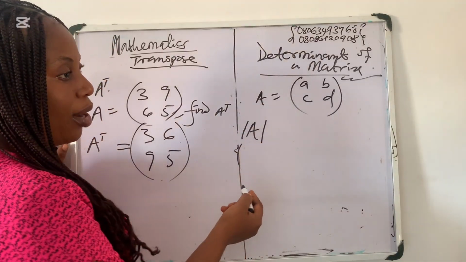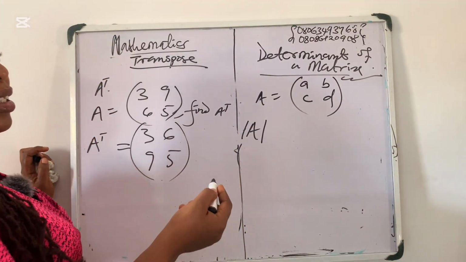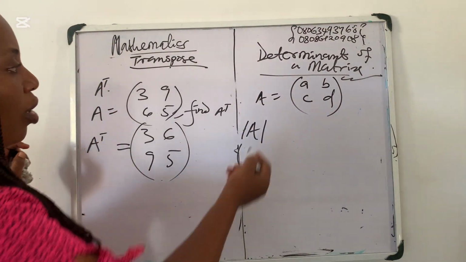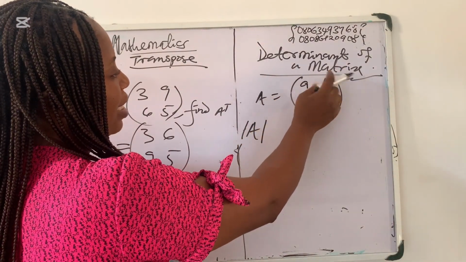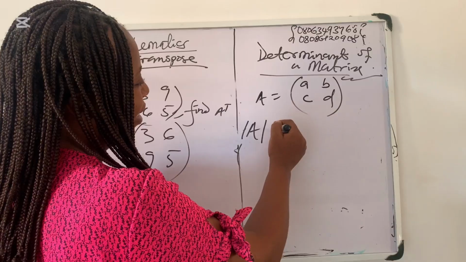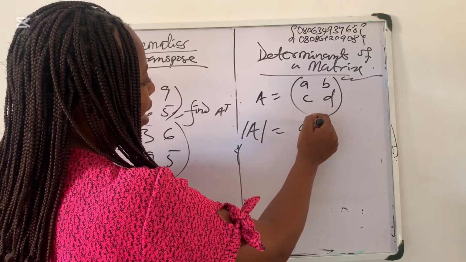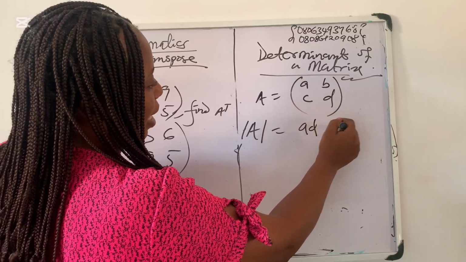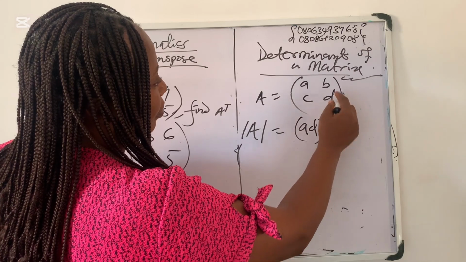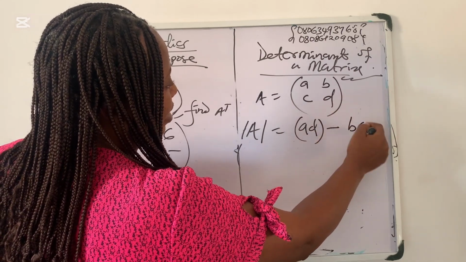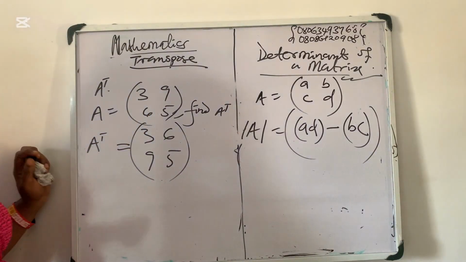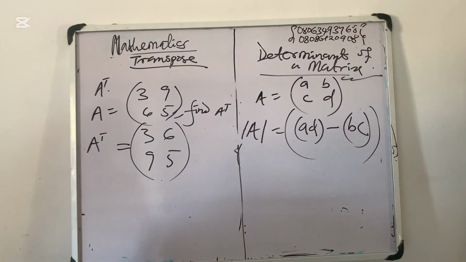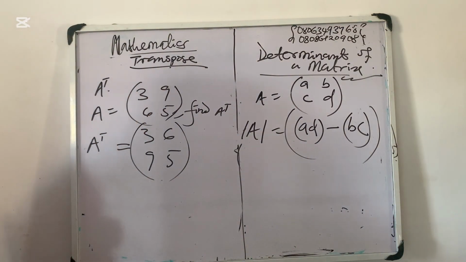This is how we describe the determinant of A. Now, to find the determinant of these entries, it is simply a times d minus b times c. All these things are very simple. We're going to make use of figures for clearer understanding.